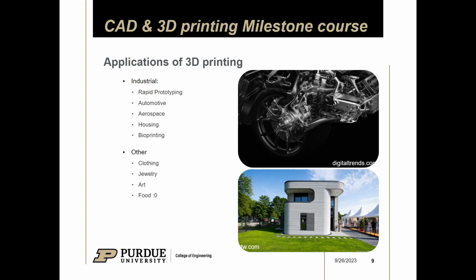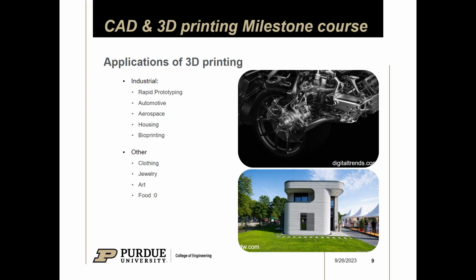Here are some applications of 3D printing. The industry has grown significantly over the past few decades. A lot of people think of 3D printing as a rapid prototyping thing, but it has grown into something a lot more. Adidas makes 3D printed shoes, which is pretty cool.